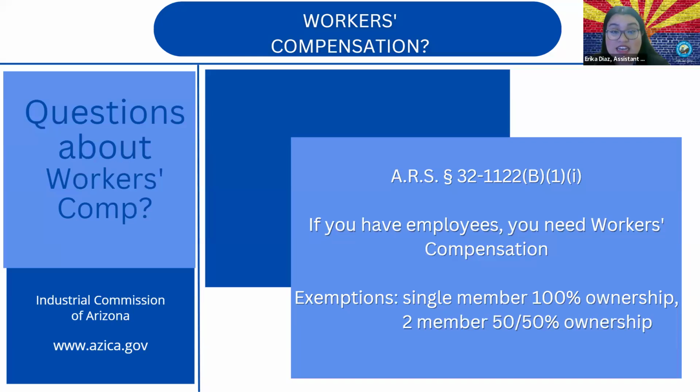If it's 99-1, you are not exempt. It has to be 50-50, and one of the two members being the qualifying party to be exempt from workers' comp. Even if you have that type of structure and you have employees, you are required to have workers' compensation. But the two ways to be exempt are being that single member 100% who is also the qualifying party, or that two-member 50-50.